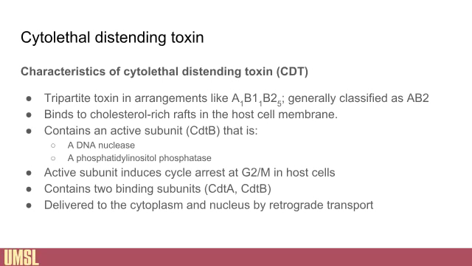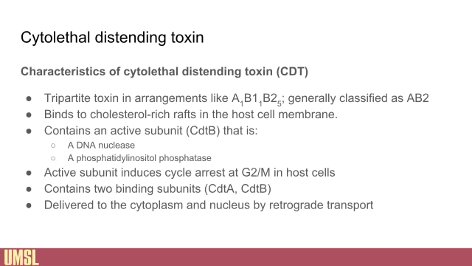Okay, so the last toxin that I'm going to take you through is one that we're going to talk about on Tuesday, or at least a derivative of this same toxin. This is a toxin known as cytolethal distending toxin. It's a tripartite toxin, and it has a number of different arrangements in different organisms.